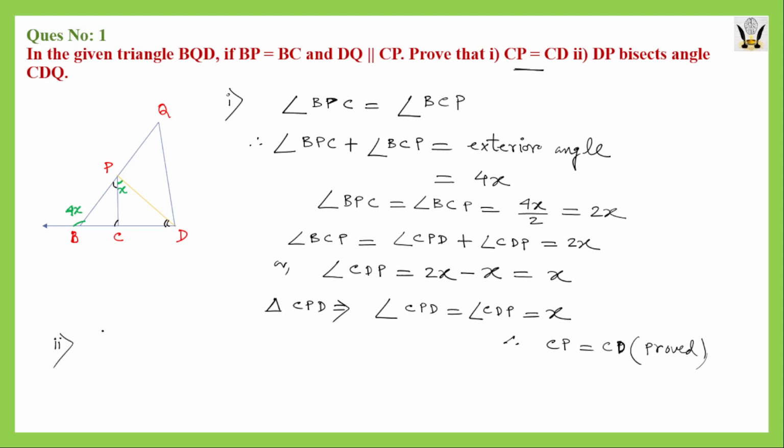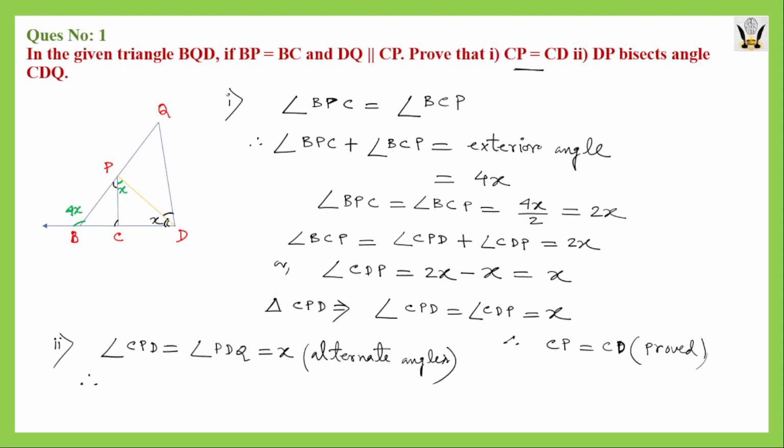Now the second part. In the second part we need to prove that DP bisects angle CDQ. So this is angle CDQ. This part CDP is already x, which we have already proved. Now CP is parallel to DQ and DP is the transversal. So we can say that angle CPD will be equal to angle PDQ because they are alternate angles.